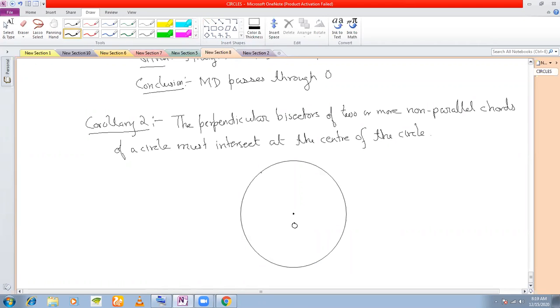Say I take a chord here, AB, and say I take a chord here, CD. These two chords I have taken. To each I draw a perpendicular bisector.